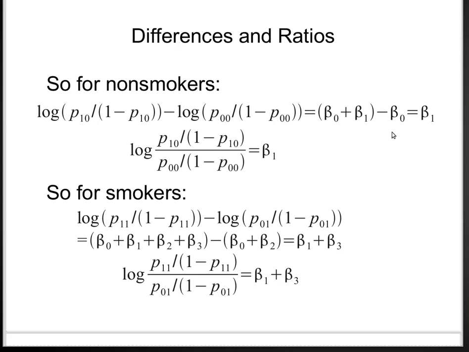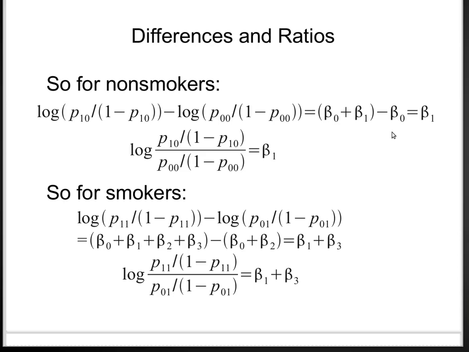If you take the difference between the log of the odds of exposure for the non-smoking cases, and subtract the log of the odds of exposure for the non-smoking controls, we get beta 1.